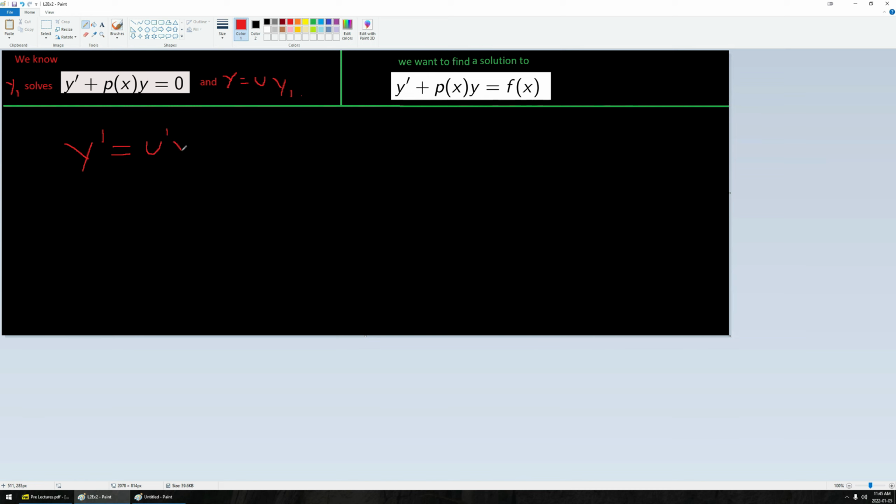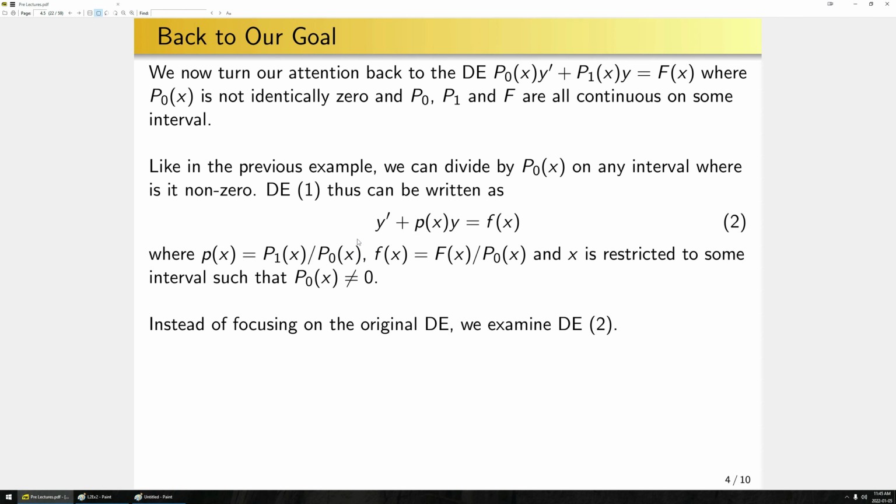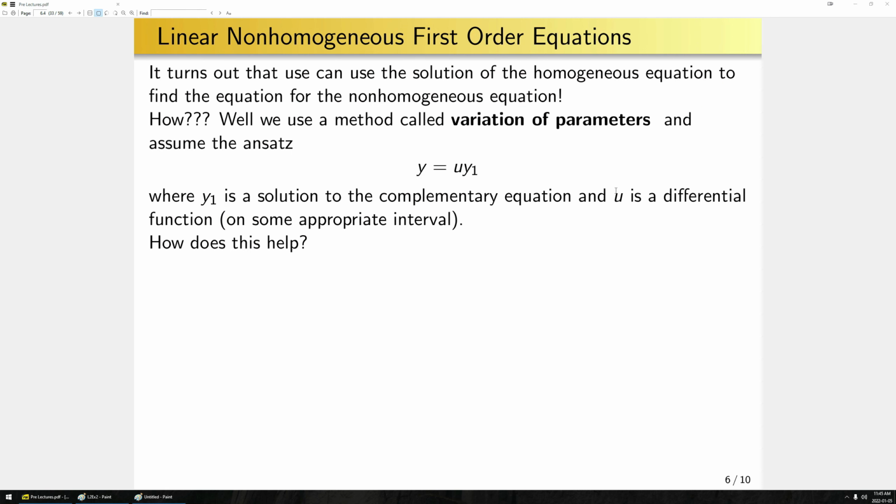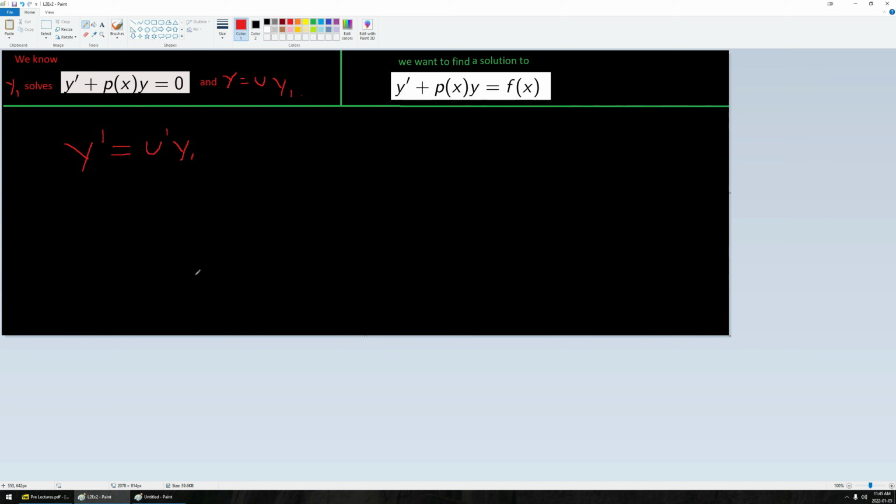So I'll get u prime times y1, and I know this u prime exists because I'm assuming that u is differentiable. This term right here. And again, I can make that assumption because it's an ansatz. I'm just guessing. I'm kind of taking a shot in the dark and seeing if it works. And here I'll get plus u times y1 prime.